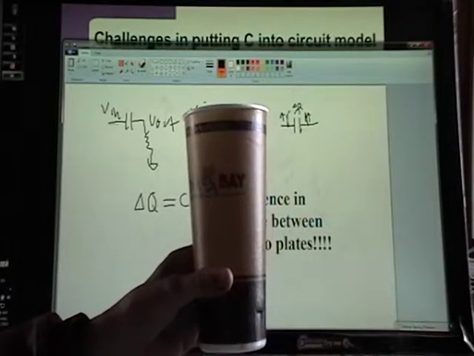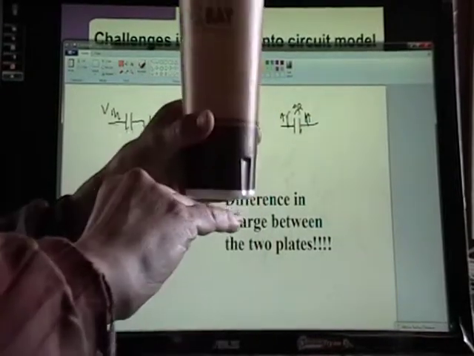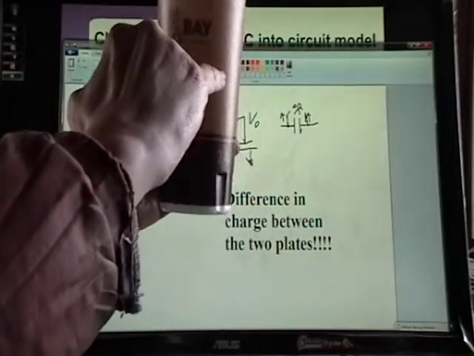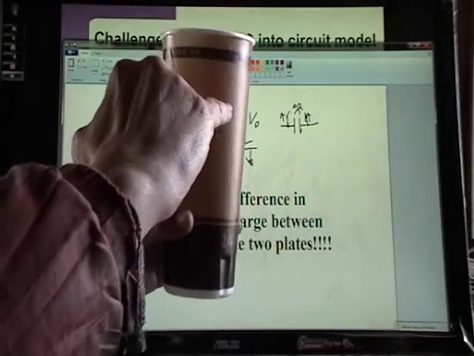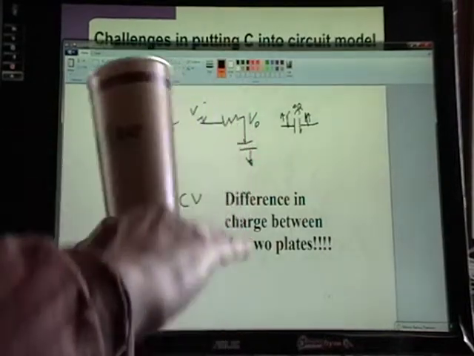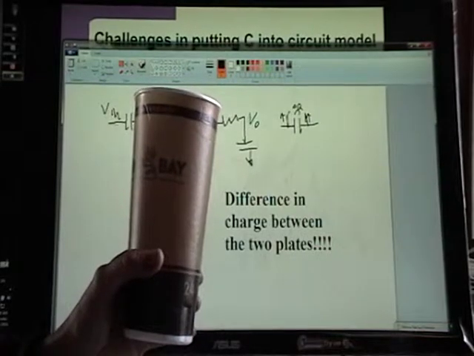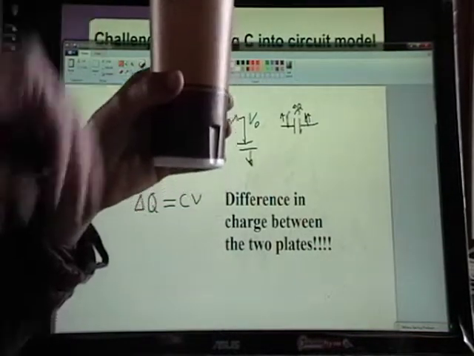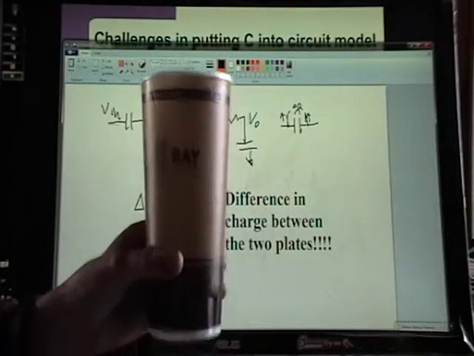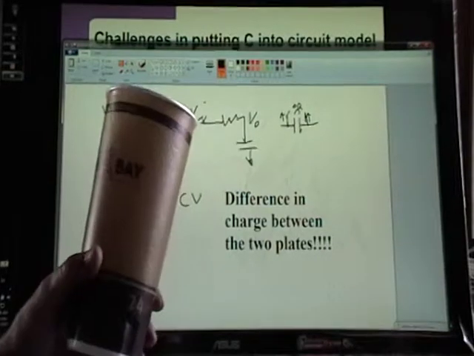I poured this much water into it, but since I'm moving this down, and let's say I can only see the top of that water, I'm going to see the water level rise much slower. If I move the cup down as I pour water into it, but I can only observe the top of that water, it looks like this cup is filling up much more slowly.